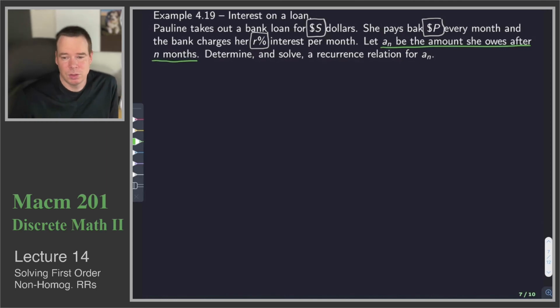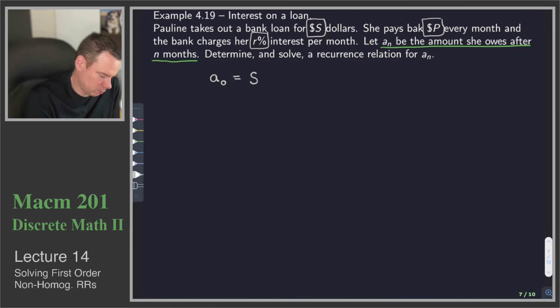We want to determine and solve a recurrence relation for that quantity, A sub n. So maybe we'll think about the small cases first. What's A sub 0? Well, A sub 0 is the amount she owes after 0 months. She just owes S dollars because that's what she's taken out. There hasn't been interest incurred on it because interest will get incurred after the first month.